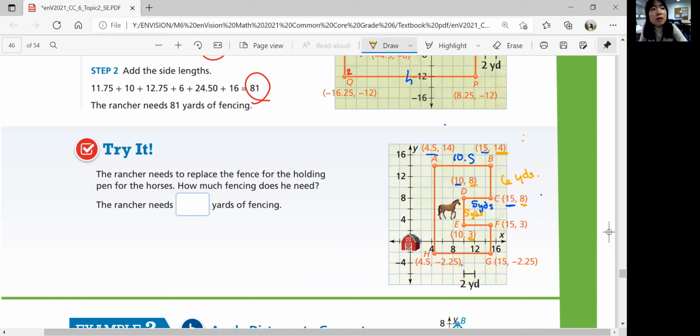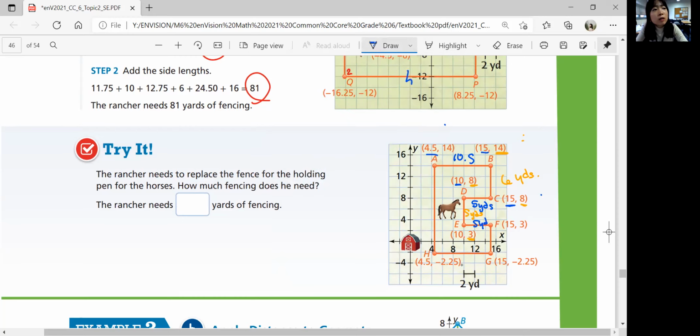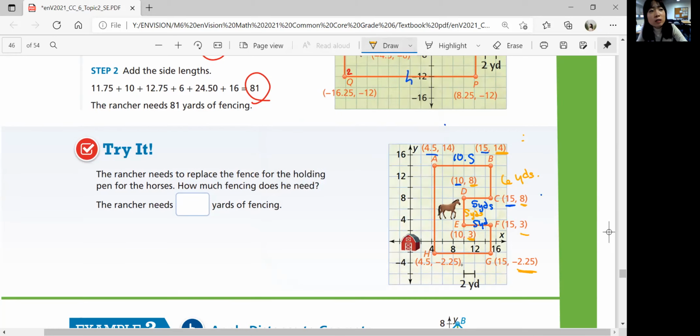Same, EF is also going to be 5 yards. And FG, they're in different quadrants, right? So you add the absolute values. 3 plus 2.25, 5.25 yards.